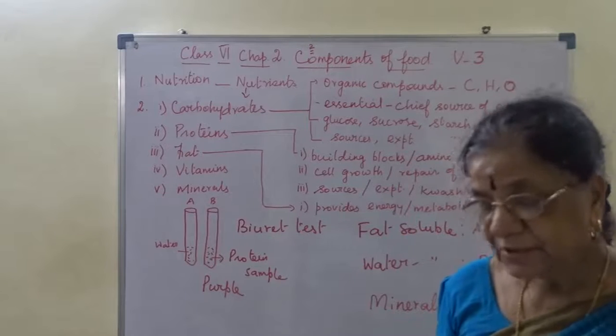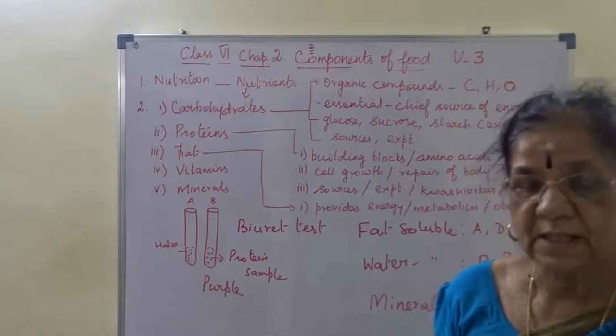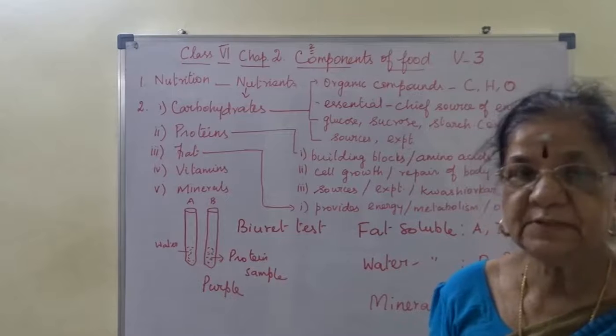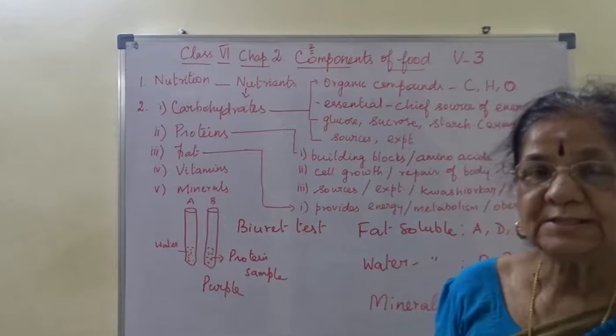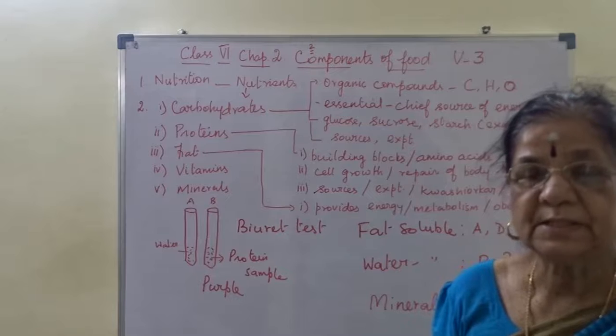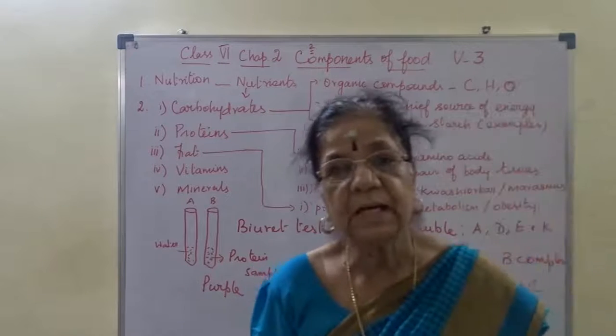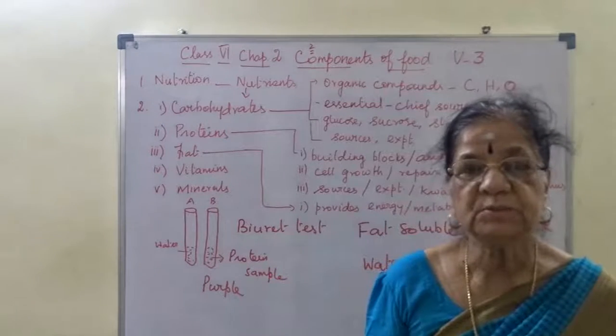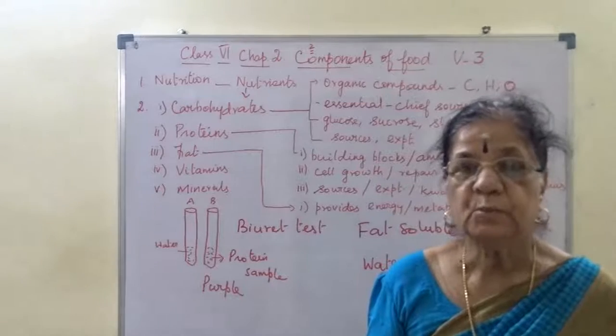Then the deficiency disorders. Vitamin A deficiency normally causes color blindness and night blindness. Color blindness means a person is unable to distinguish red, green and blue color.